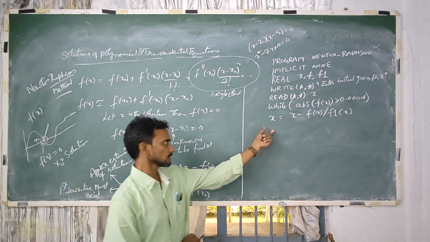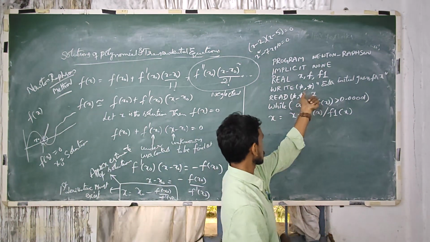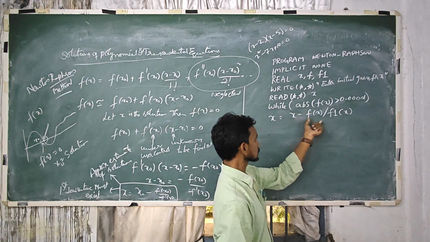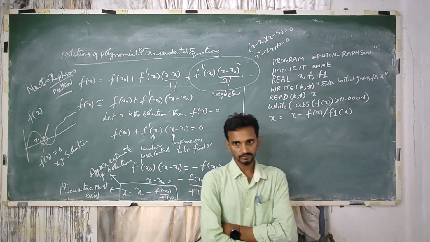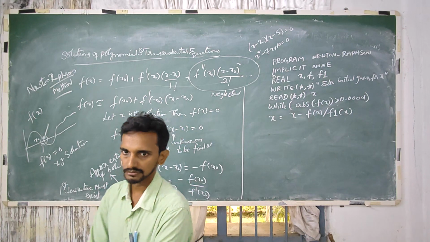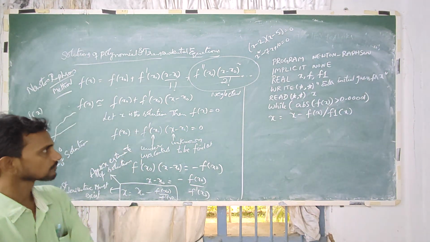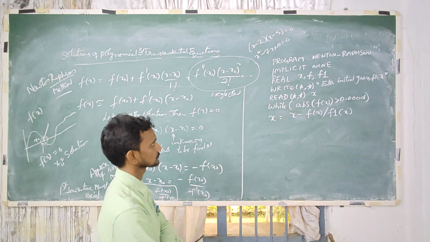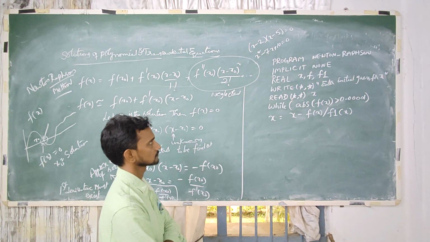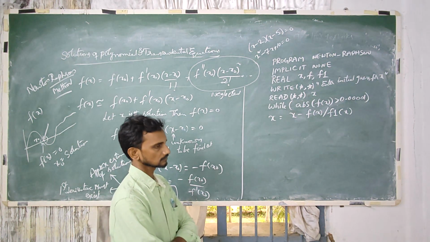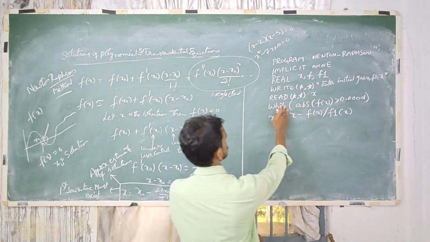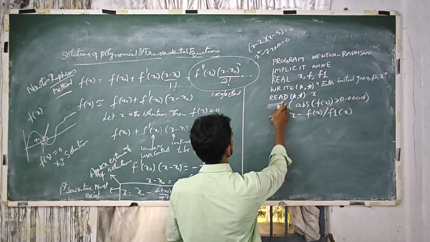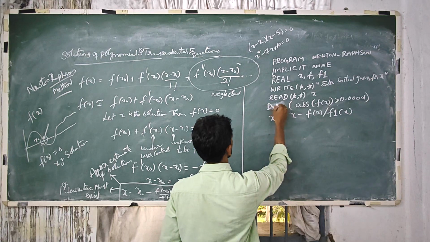So my new value of x is whatever value of x you are reading minus f of x by f dash x. Maybe you have to use do while. If while doesn't work, do while.